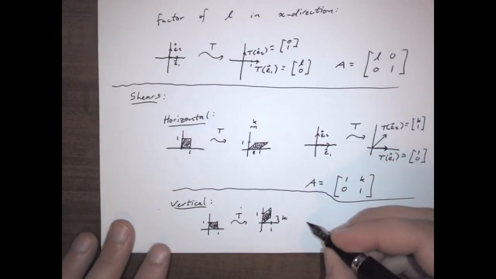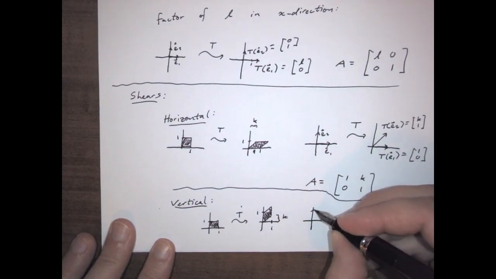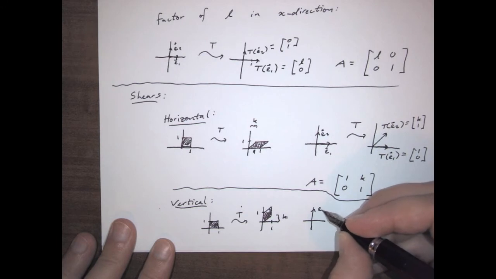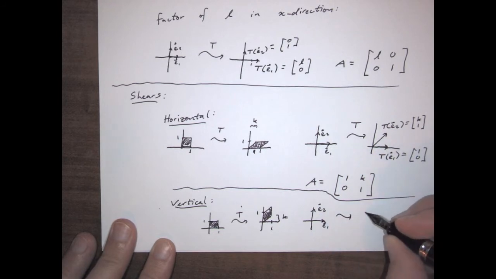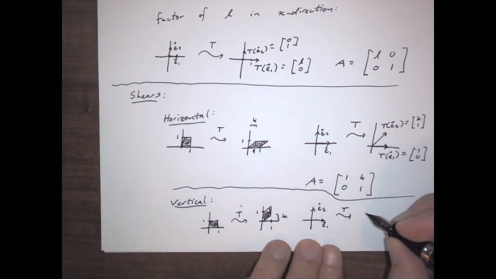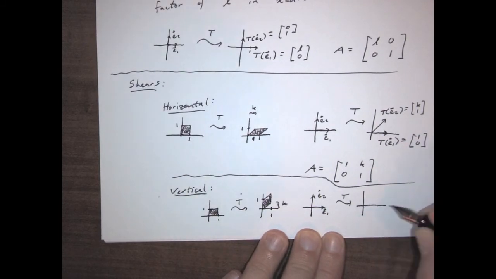And so, if we zoom in on the standard basis elements, we're going to have E2 going that way, E1 going that way, and then we'll do the transformation, and after the transformation, E2 will be stuck in place. So it'll still be equal to 0, 1.